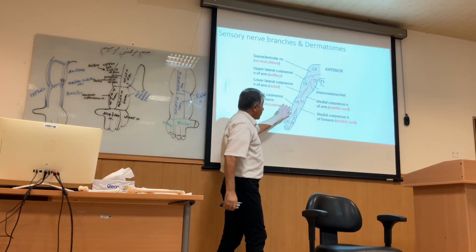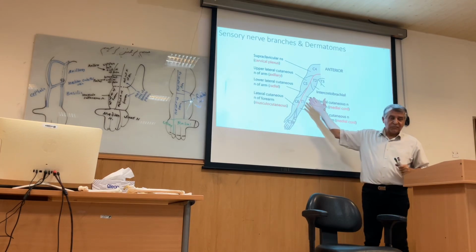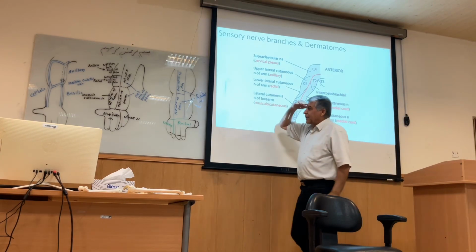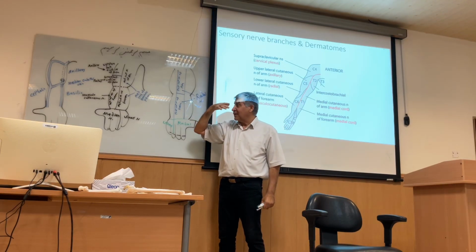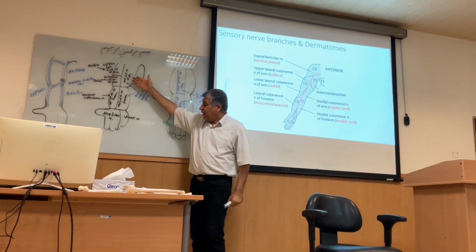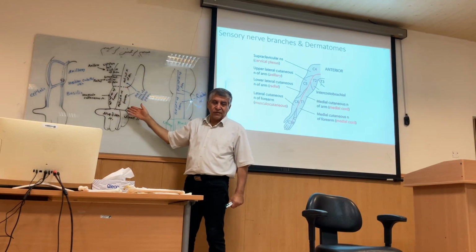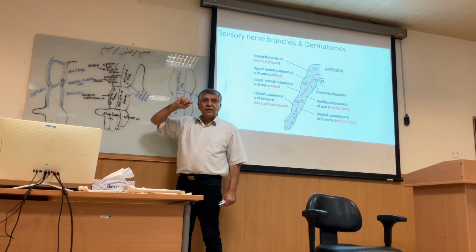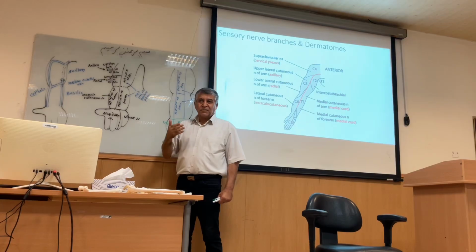Dermatome of the upper limb. What is dermatome? This one is dermatome. I will learn that all of these nerves contain two or three spinal nerves.